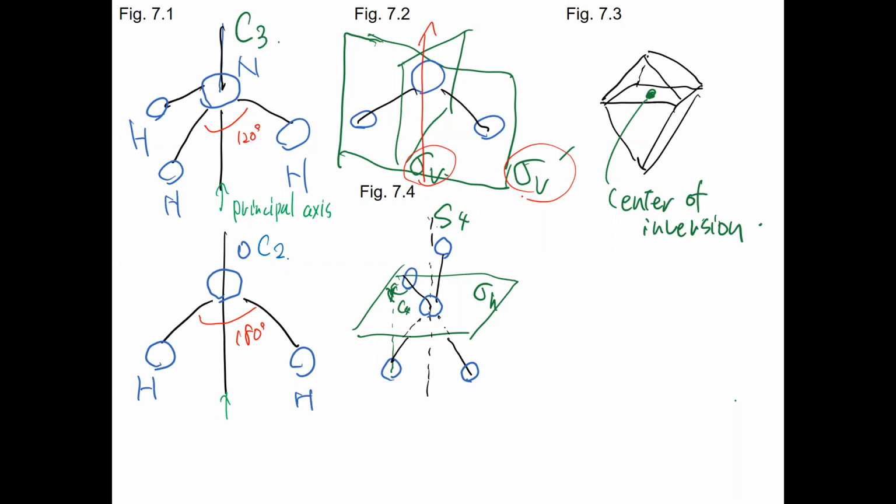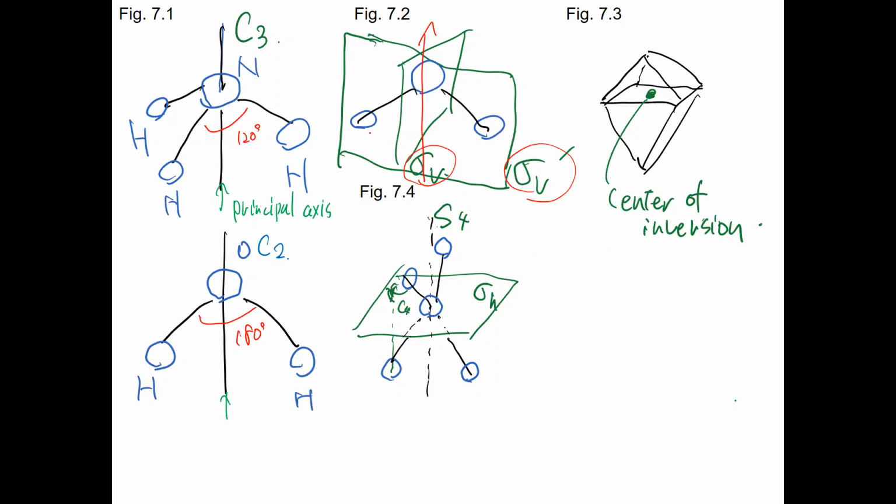Sigma V is vertical to the molecular plane, and even if the hydrogens are flipped, it overlaps. On the other hand, sigma V dash is inside the molecular plane, and even after the mirroring operation, it's going to overlap.